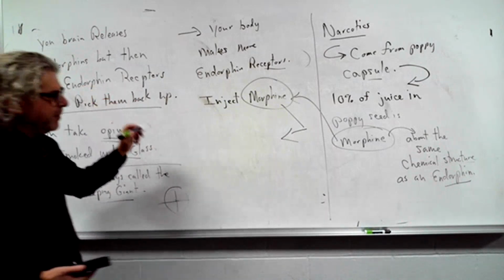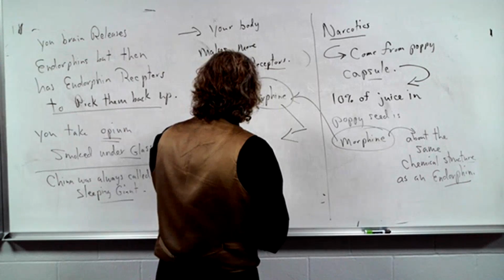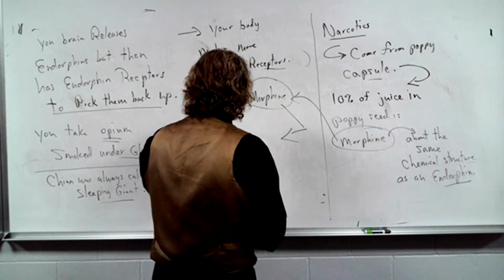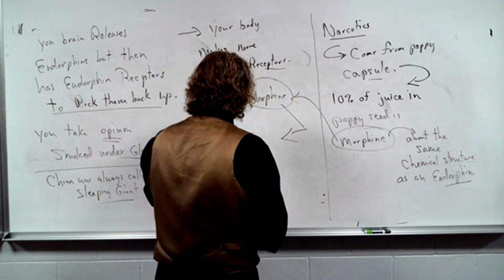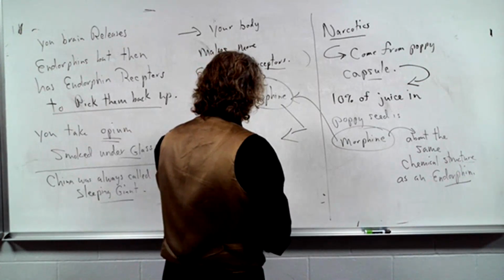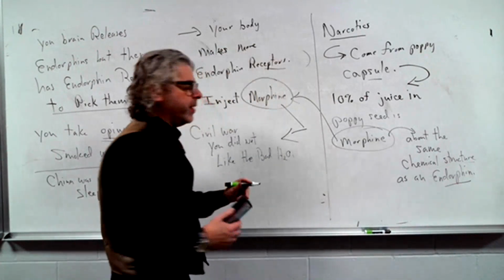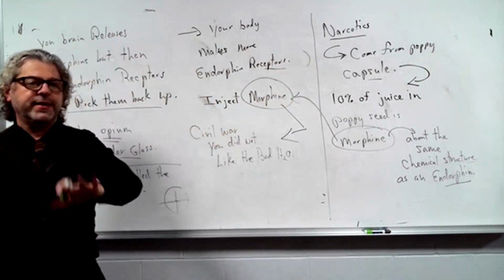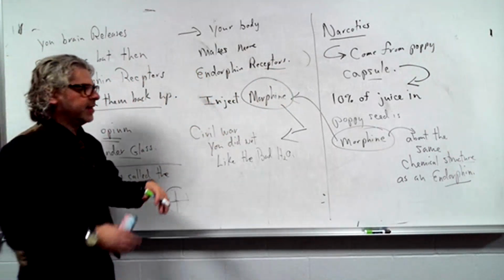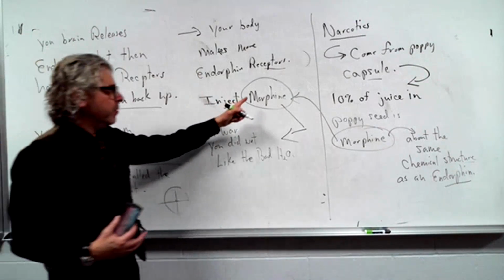So what would happen is, in the Civil War, you did not like the bad water. And why? Because you had horrible diarrhea. Well, one thing about these drugs, if you think about how Elvis Presley died, they say, you know, he was always taking laxatives and they weren't working.